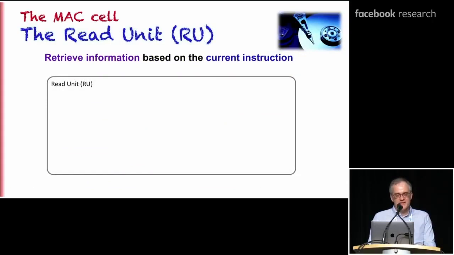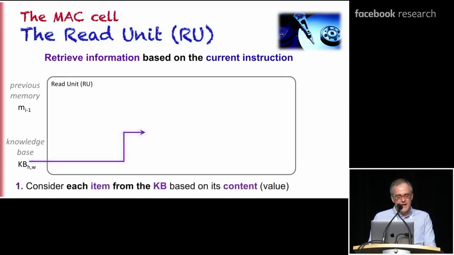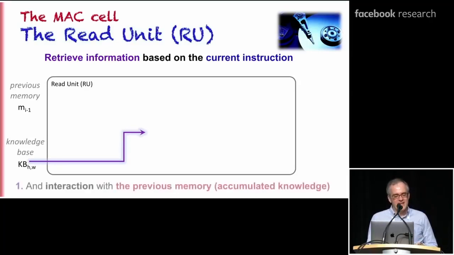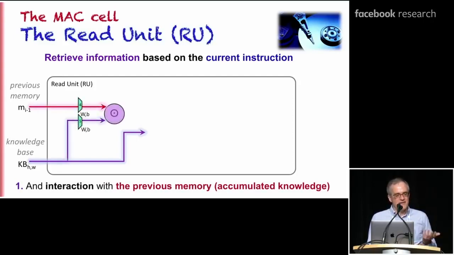The read unit is the most complex part of the system. So it takes the previous memory and the knowledge base. So first of all, it's going to be considering each item in the knowledge base, which is sort of the outputs of the conv filters. And first of all, it considers relating them together with the previous memory.